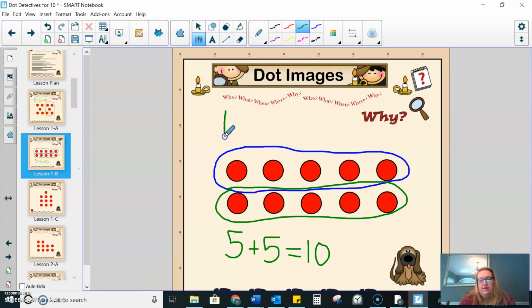Another way I could write it is, since I know that it's 10, I could start with how many there are in all, or the sum, and write 10 equals 5 plus 5. It's the same thing. We just put the sum at the beginning of the equation. And how did we make 10? Well, we did 5 and 5 more. Excellent.